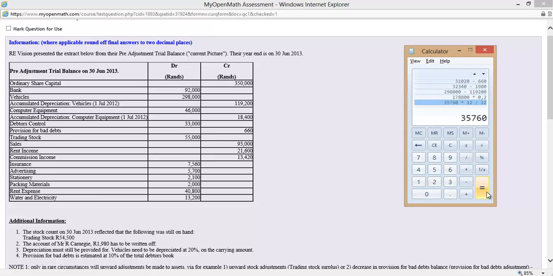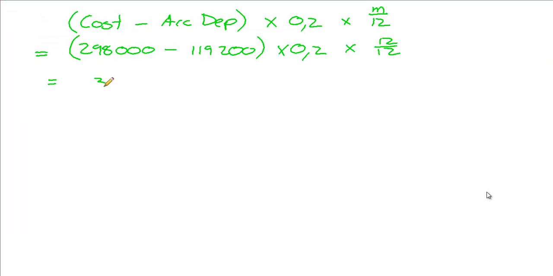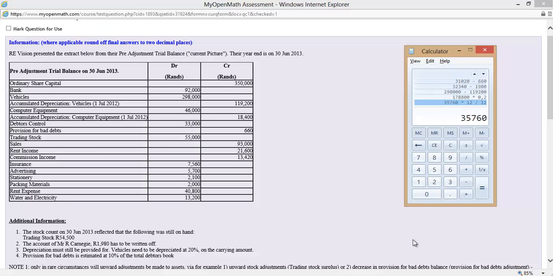And my final answer is 35,760. Okay, so this is the depreciation amount and the amount of the asset that was used during the year. So the asset needs to be decreased by this amount, and my expense needs to be increased by this amount. Right, so let's do that.